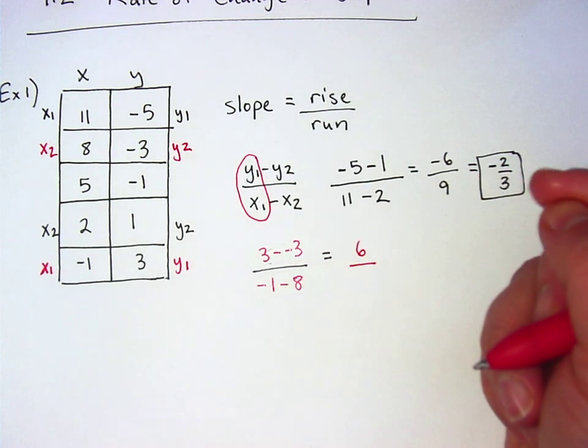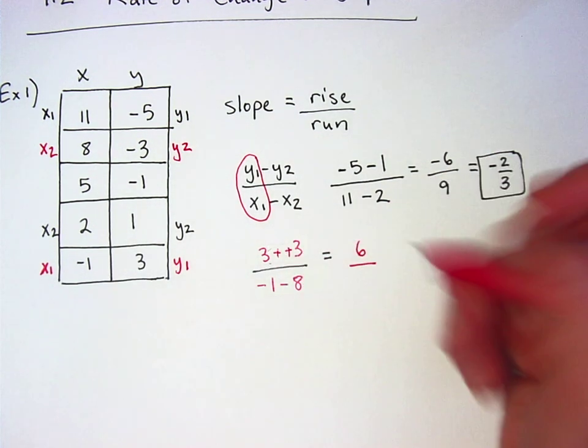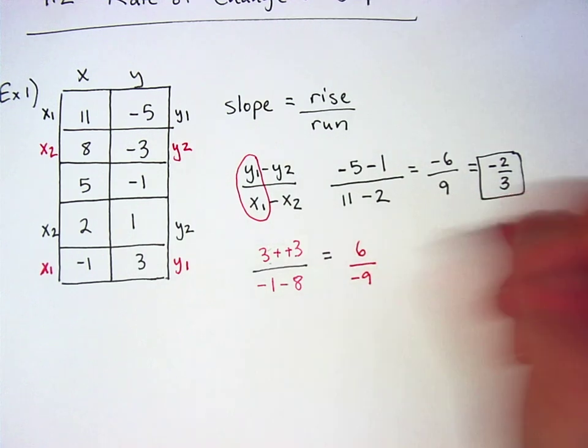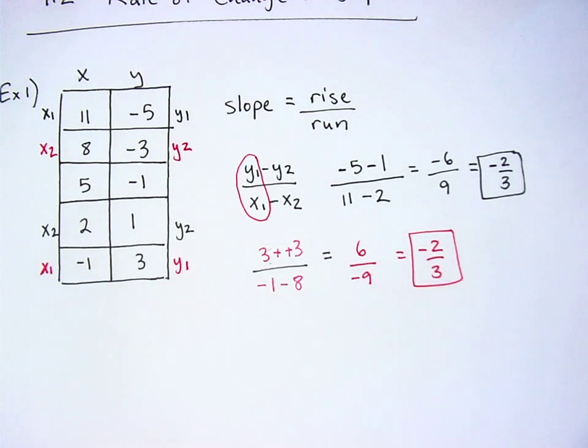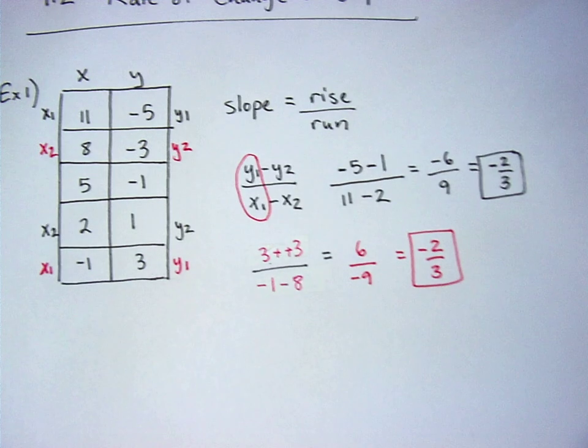And -1 minus 8, because remember dash, dash, slash, slash, is -9, which makes -2/3. So it doesn't matter which 2 points you pick, it'll always be the same.